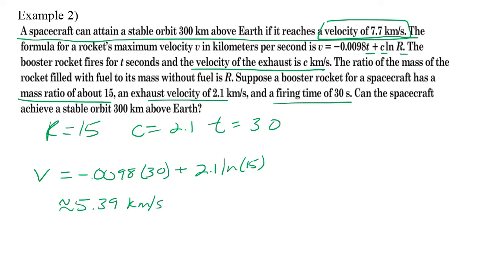In order for it to achieve a stable orbit, the velocity has to be greater than or equal to 7.7 kilometers per second. And this is not true. It is not greater than or equal to 7.7 kilometers per second. So the answer here would be no. The spacecraft will not achieve orbit.